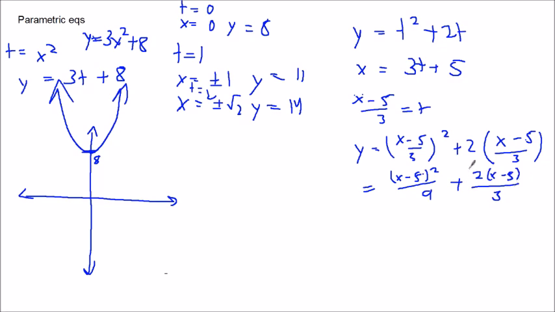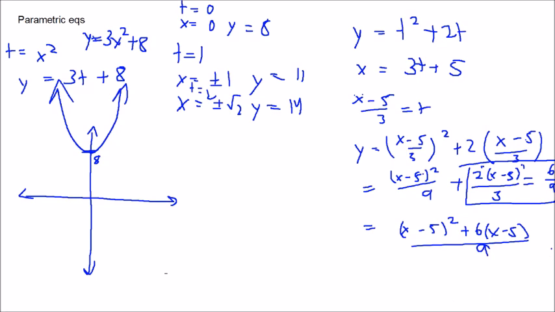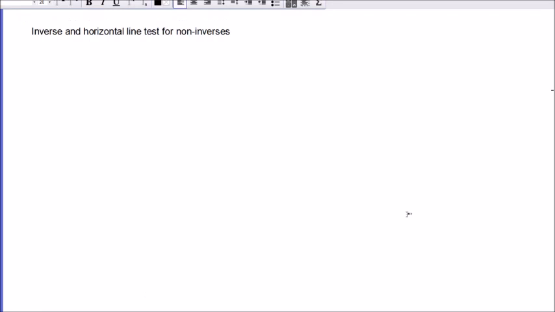So this is also equal to 6 times whatever this is over 9. So that's equal to x minus 5 squared plus 6 times x minus 5 over 9. And that's the correct answer. That's the simplified answer, right? So that's parametric equations for you. Okay, I'm really sorry about that.